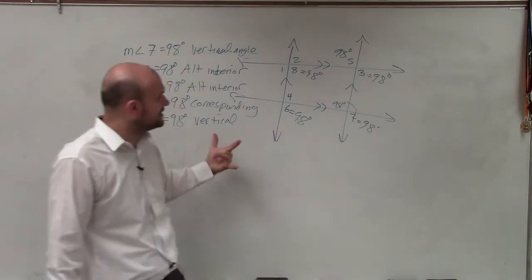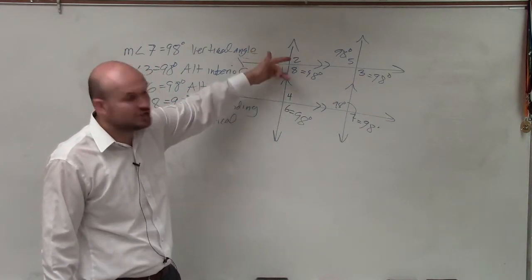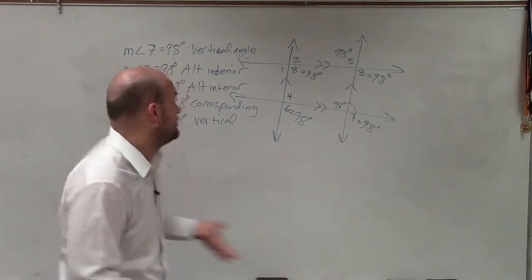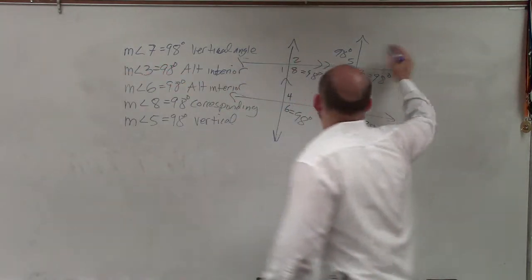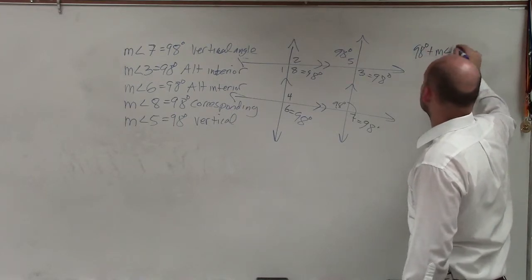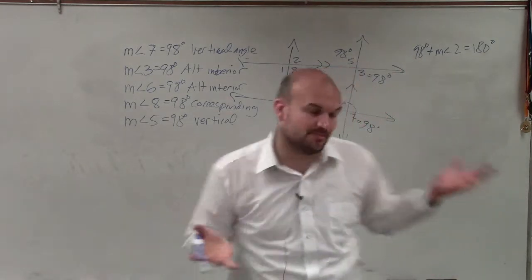And the important thing that I notice about figuring these out is I know that 4 and 6 make up a line, 2 and 8 make up a line. Therefore, they're a linear pair. So I can write the equation, and let's just look at this one. 98 degrees plus whatever the measure of angle 2 is has to add up to 180 because they're a linear pair. They're supplementary.